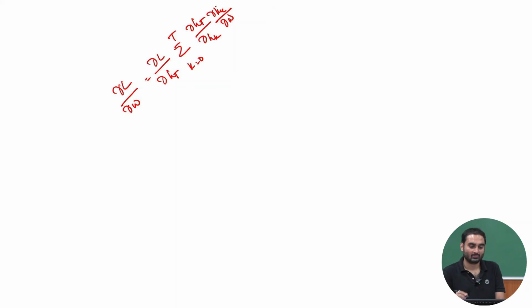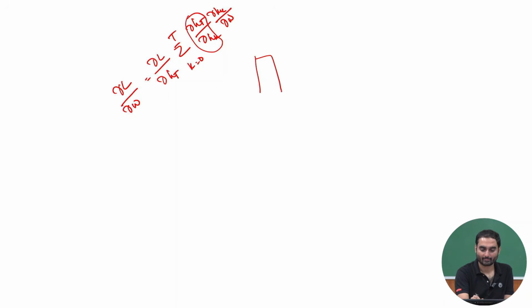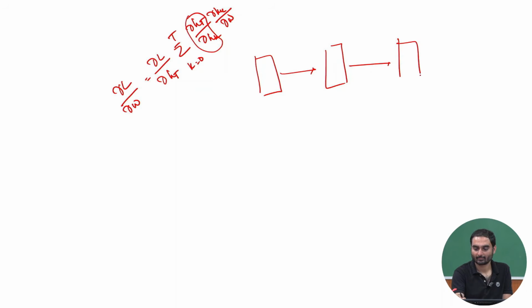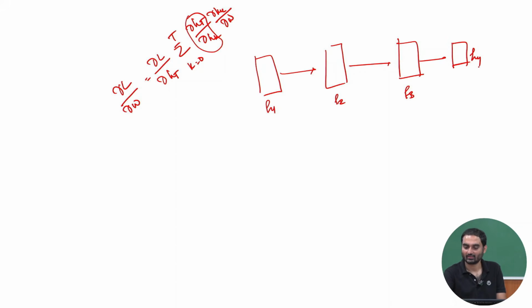Okay, look at this part. So what is this? Think about it. These are hidden states: h1, h2, h3, let's say h4, and so on and so forth. And you have a loss here, L.